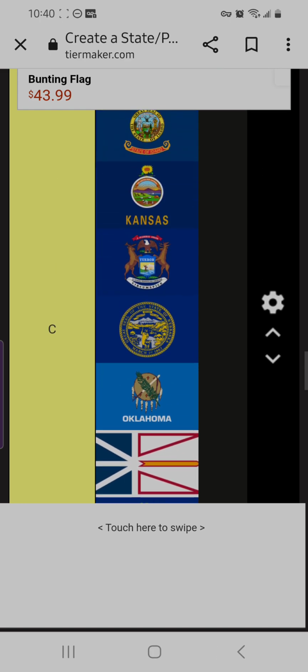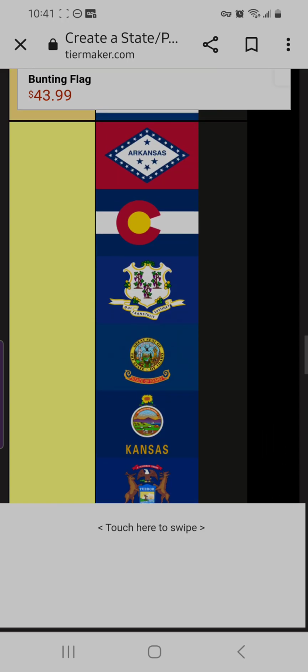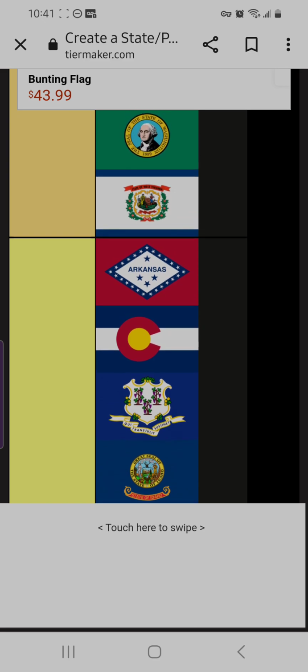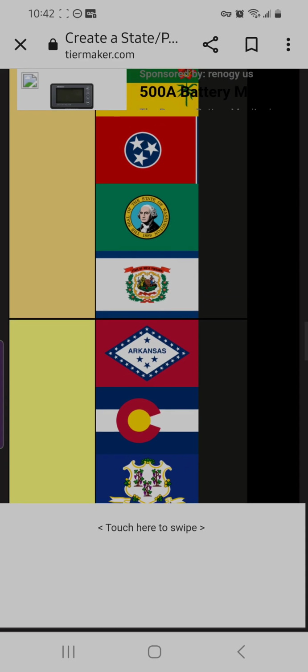Oklahoma, Nebraska, Michigan, Kansas, Idaho, Connecticut, Colorado, and Arkansas. It's either okay seals or just okay designs of the flags. But now we get into the juicy stuff.